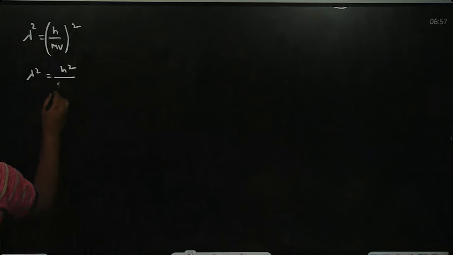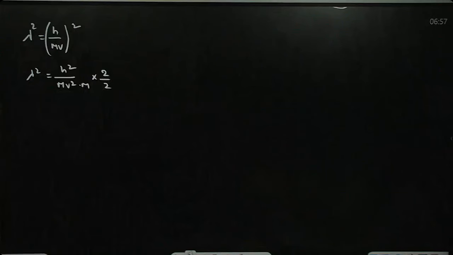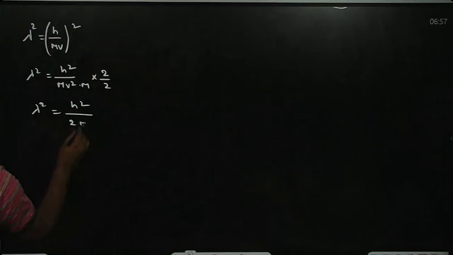Lambda square equal to h square by m square v square. Let me multiply and divide with 2. Half mv square is nothing but kinetic energy. So lambda square equals h square by 2 into mass into kinetic energy.